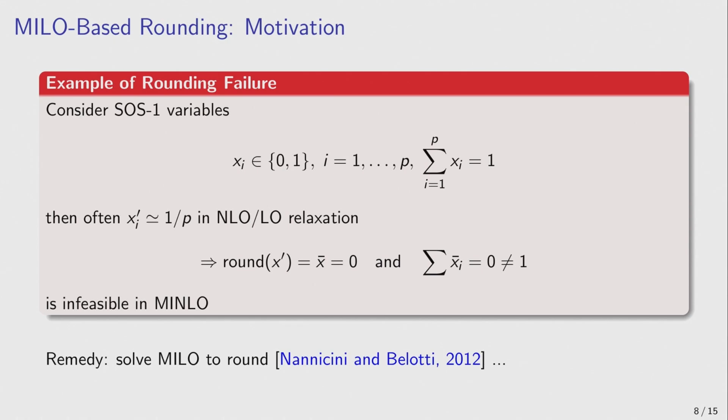Okay, so here's another example of how rounding could go wrong and does go wrong. And this is, again, cooked up. I think most solvers deal with this in a rigorous way now. But here I have a special ordered set of type 1. So I have a set of P binary variables, xi, such that their sum is equal to 1.